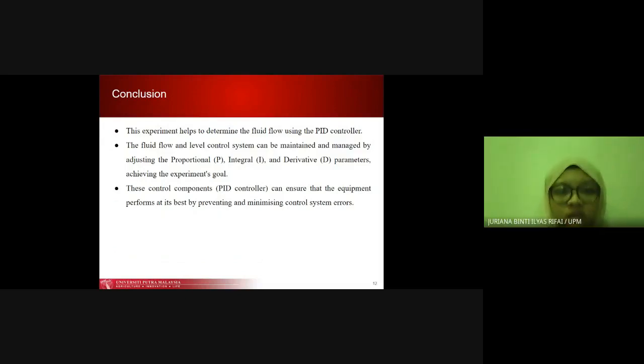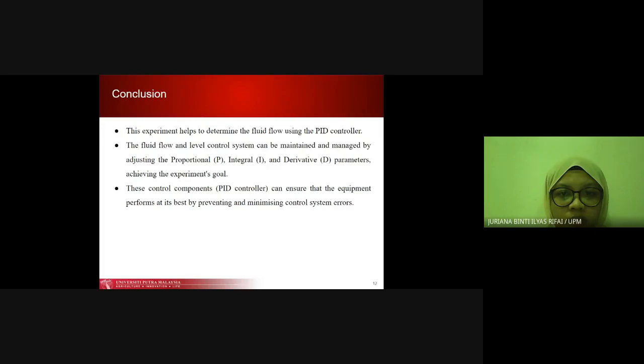Okay, so thank you, Shamim. I'll continue with the conclusion of this experiment. The experiment helps to determine the fluid flow using the PID.